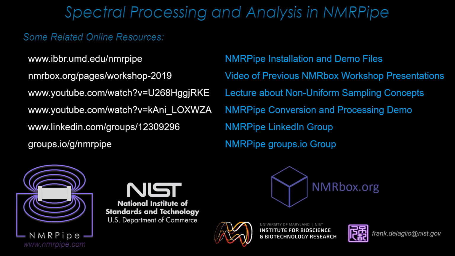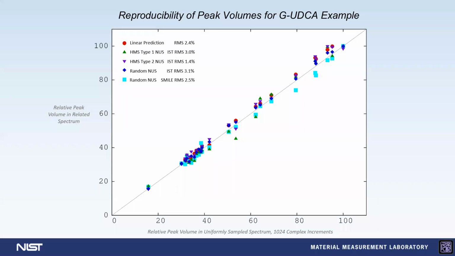Now, after the last lecture that I made today, there were some questions in chat that I didn't see and didn't get a chance to address. The question in chat had to do with the reliability of spectral heights and volumes when you use non-uniform sampling.